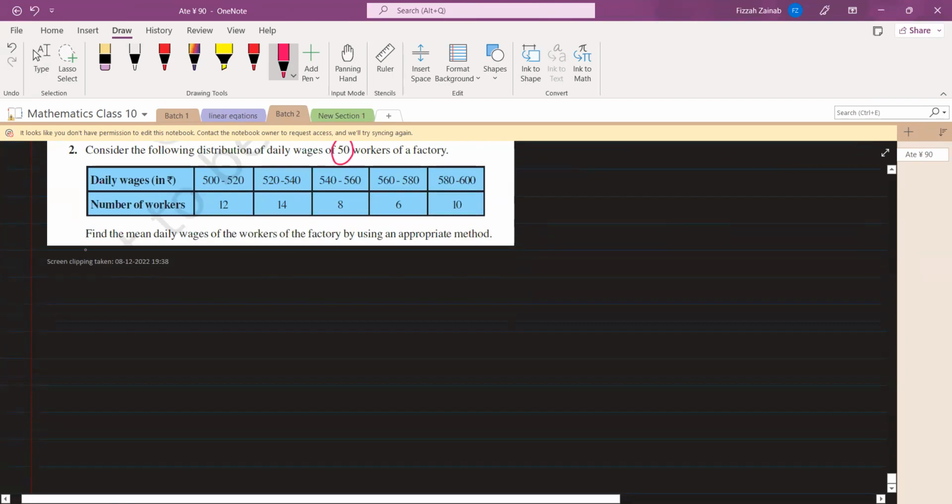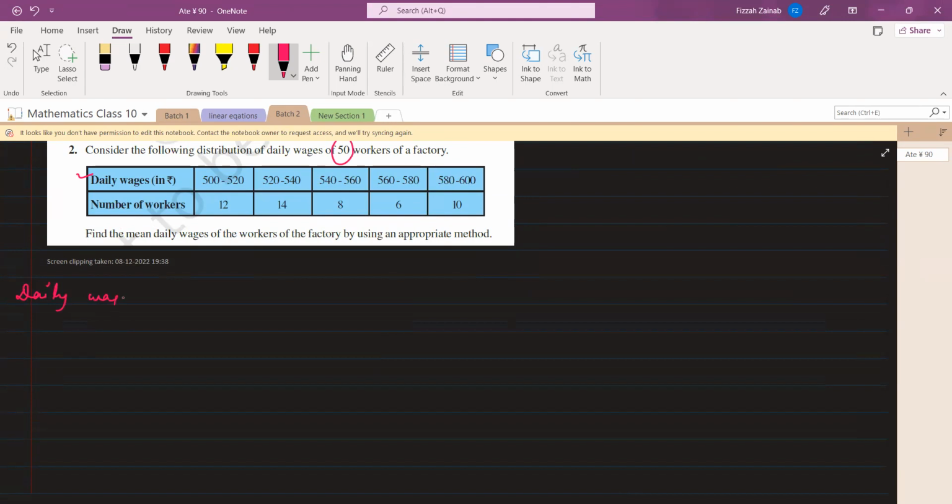So your classes are your daily wages here. You write the first column as daily wages. Shall we use step deviation here? Okay, ma'am. Okay, let us use step deviation here. So daily wages and the frequency, which is the number of workers.